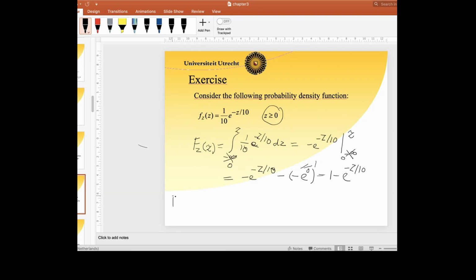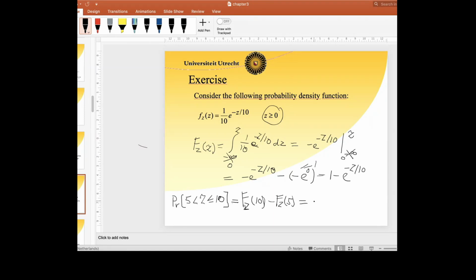The probability that z is between 5 and 10 is equal to F_Z(10) minus F_Z(5).